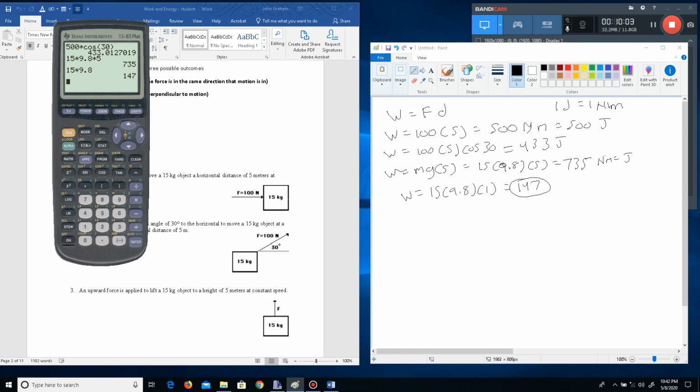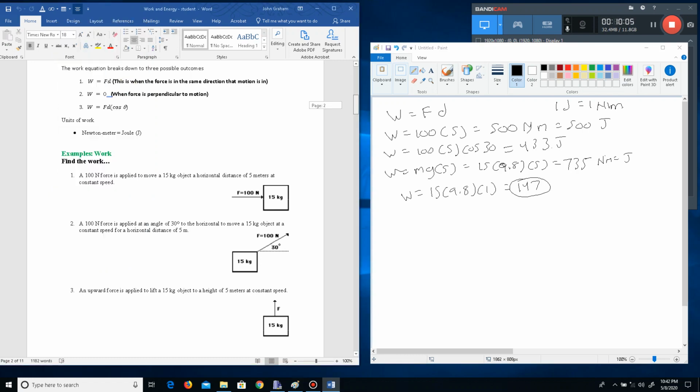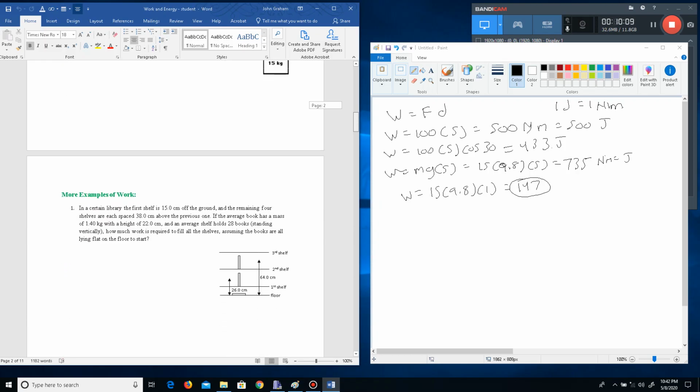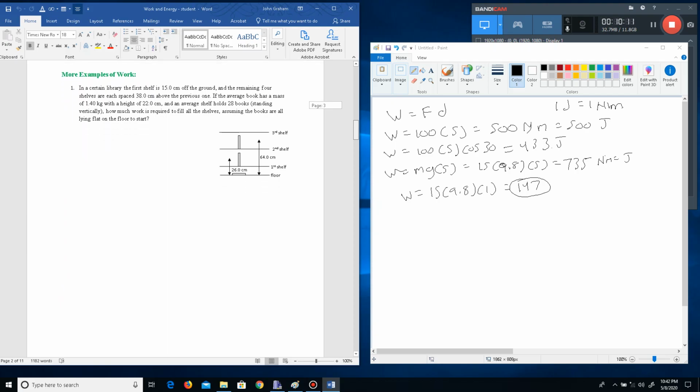Alright, so let's do an example of this, combining different amounts of work being done.